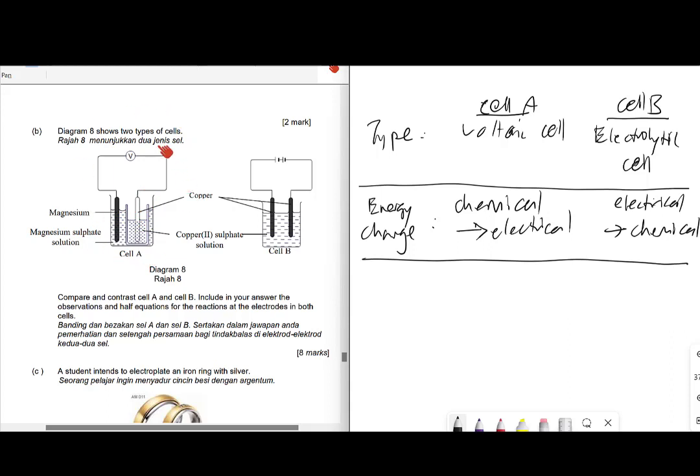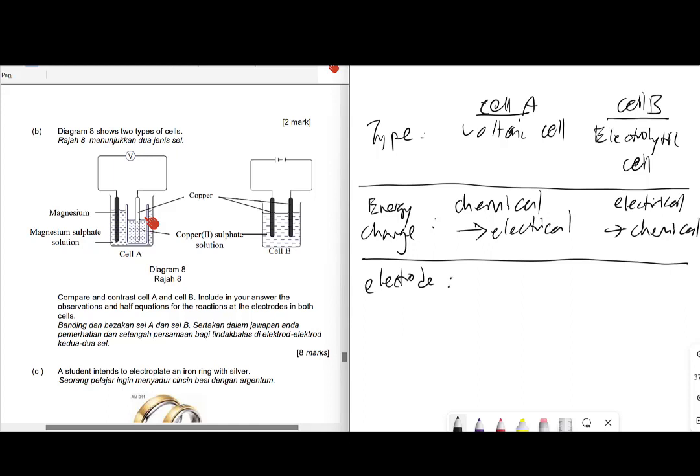For the first cell, cell A, the voltage cell, how do we tell the difference, which one is plus, which one is minus? You have to compare the electropositive series. Which one is more electropositive, or more reactive, above the series? Magnesium is more reactive than copper, so magnesium is the negative terminal. So the third point that we can tell is we can compare the electrodes.